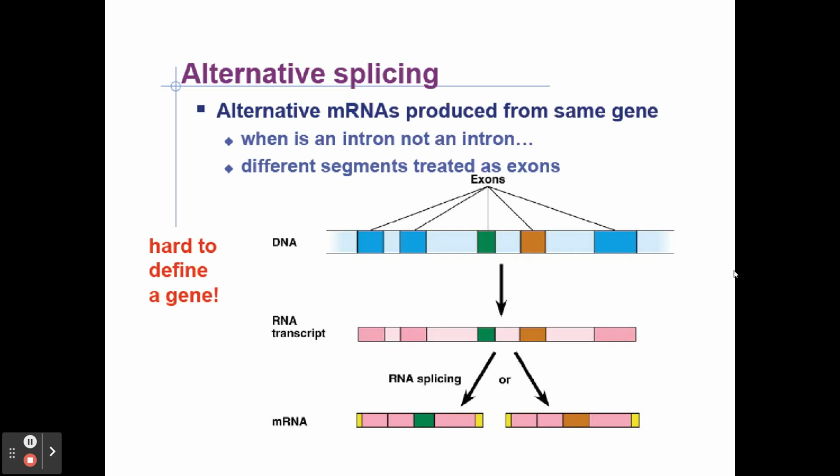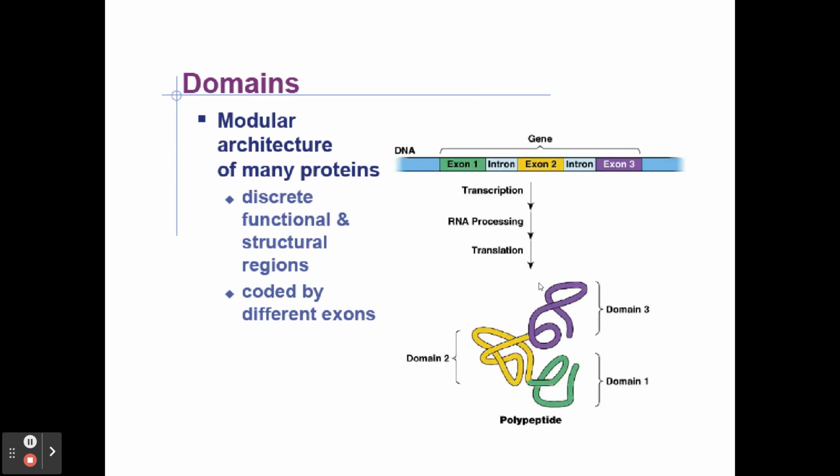Cool stuff. All right. So again, this idea of alternative splicing, alternative messenger RNAs produced from the same gene. We can take out the introns and put together the exons in multiple different ways. And so we have different messenger RNAs from the same gene, which lead to different proteins. One way I like to think about this is that each exon can be hundreds of nucleotides long, even thousands of nucleotides long.